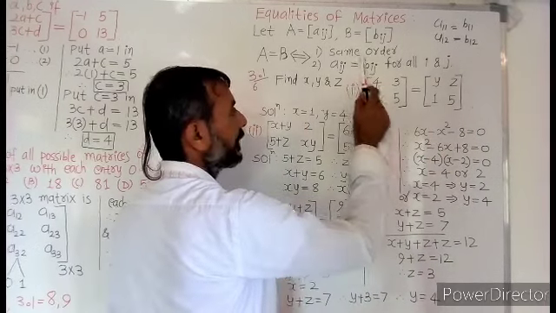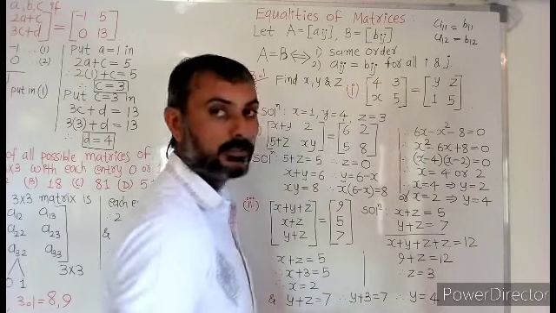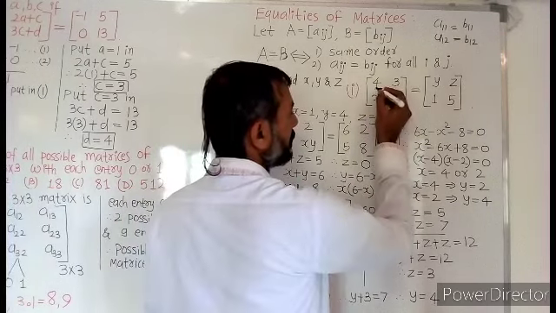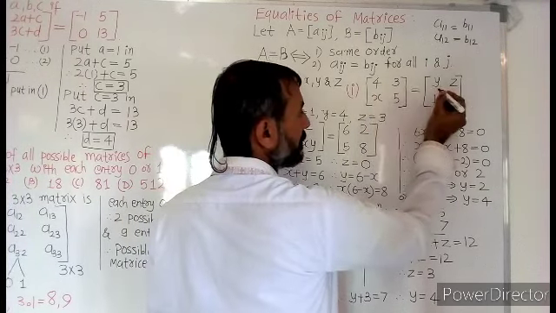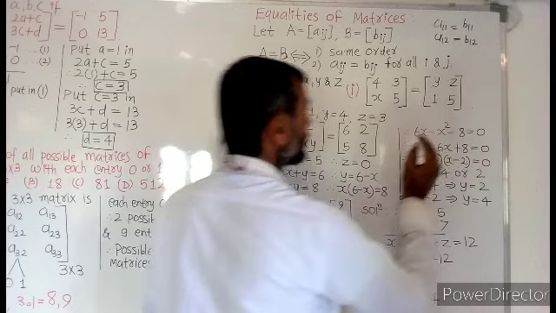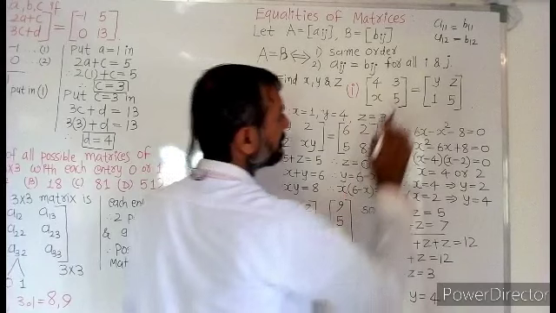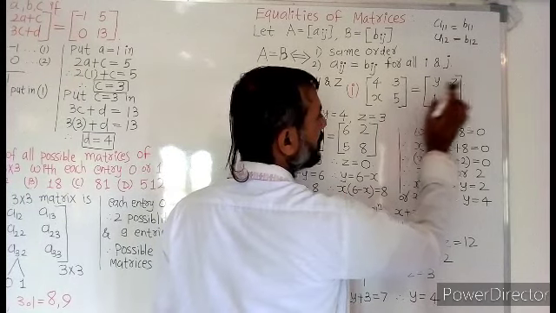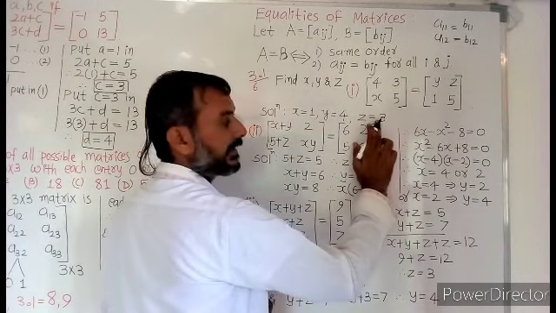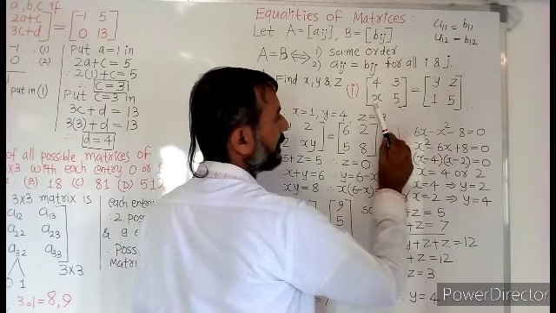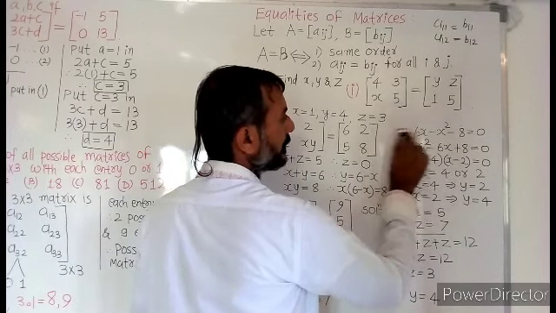Same order. And then second condition: their corresponding elements are also equal. So a11 is equal to b11, so y equals 4. 3 equals z, so z equals 3. Then x equals 1.